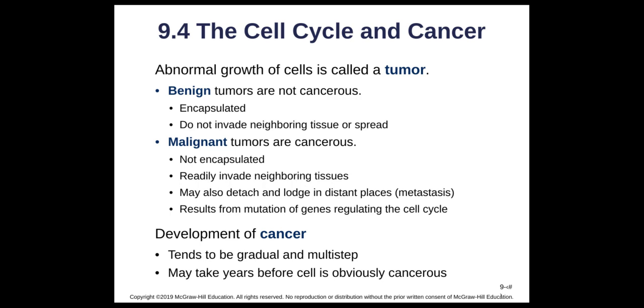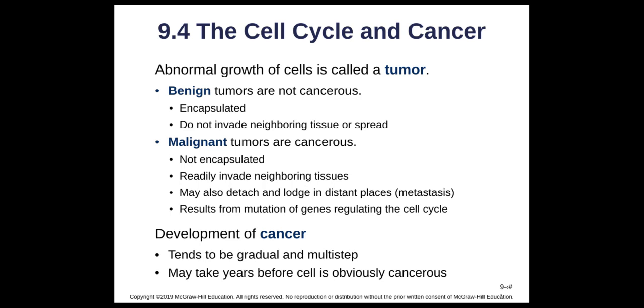With tumors, you can have benign tumors that are not cancerous. They're encapsulated, they don't invade or spread. They're really just all in one enclosed space. They'll get so large in that enclosed space, but they're not trying to spread out. Then there are malignant tumors that are cancerous.